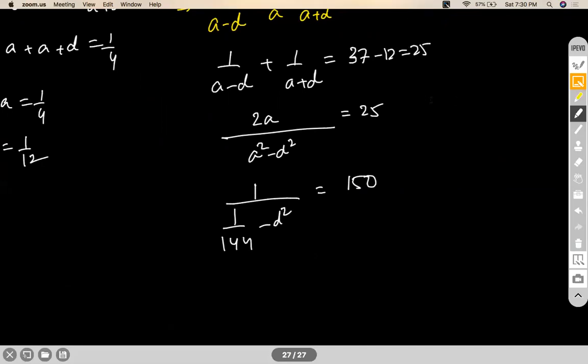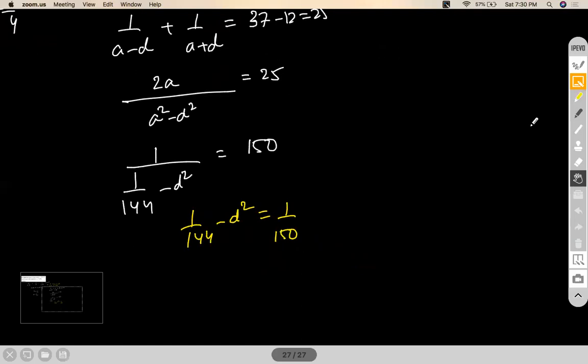Any questions here? Good enough? Okay. So 1 by 144 minus D squared is 150, which means 144 minus D squared is 1 by 150.